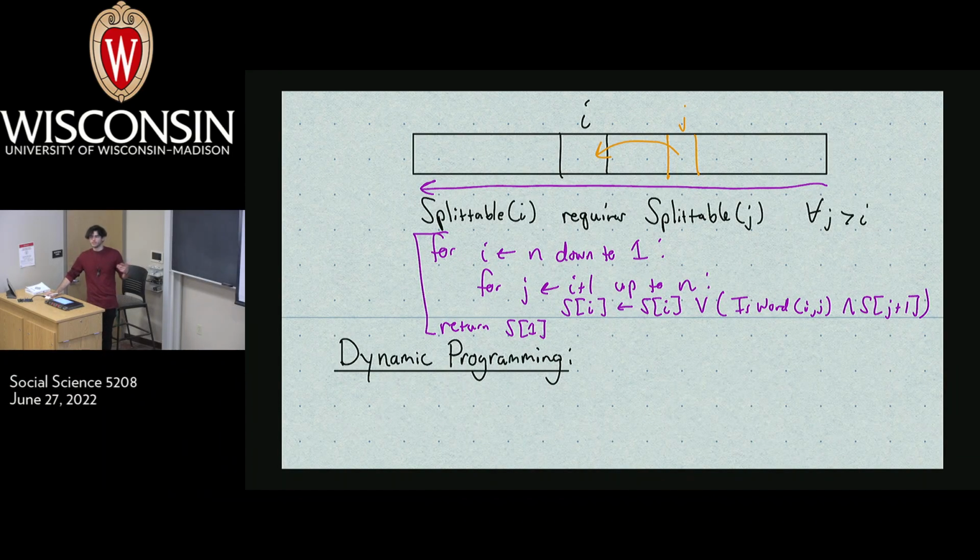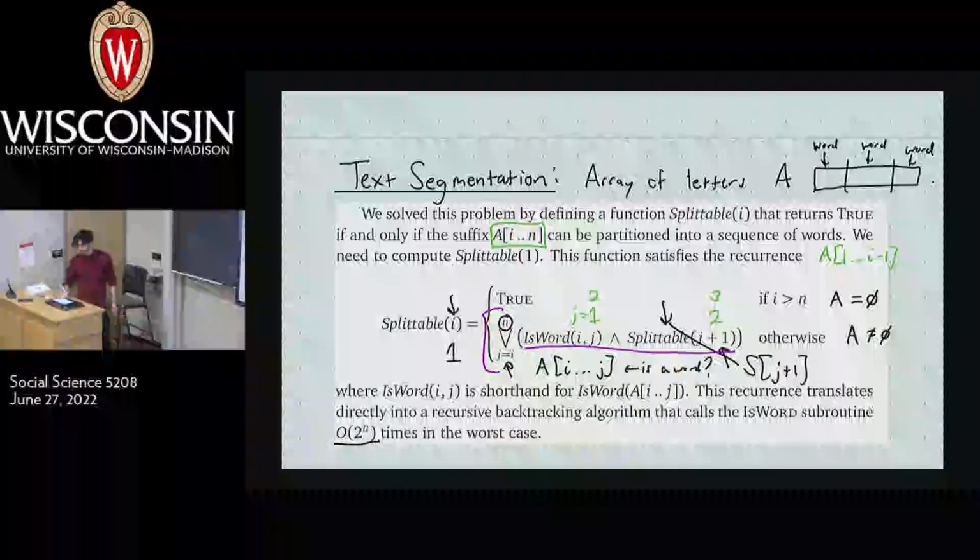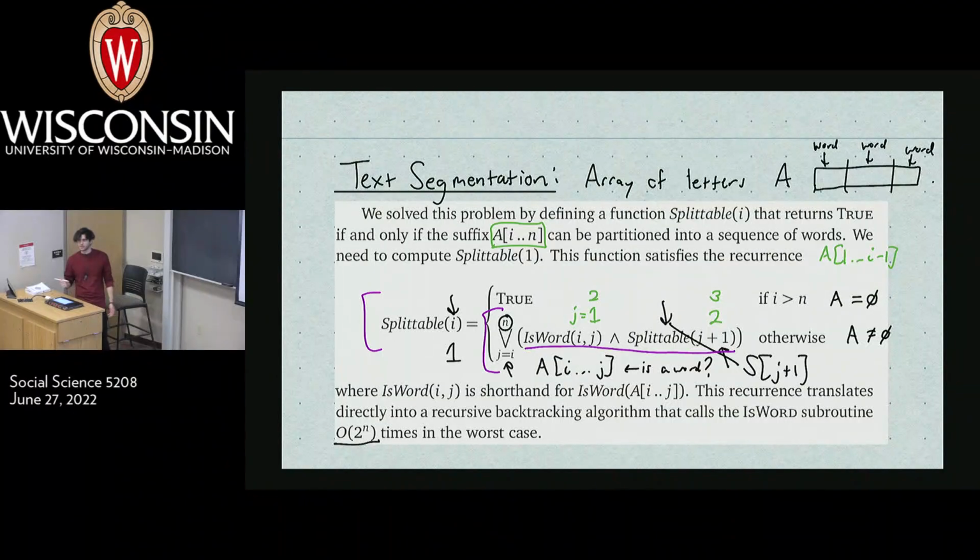And this will usually be the case. Once you decide on the structure you're going to use to memorize, and you decided on the order to evaluate all the subproblems, you just plug in your recurrence right in the middle. So once you've figured out the recurrence, you're basically done. This is the hard part. The hard part is coming up with the backtracking algorithm.